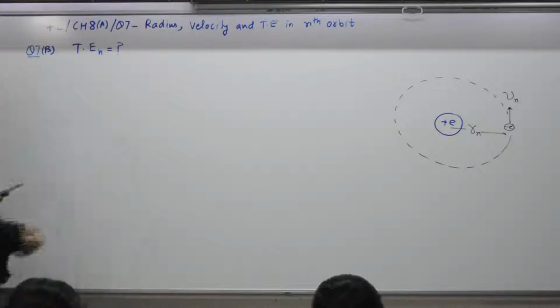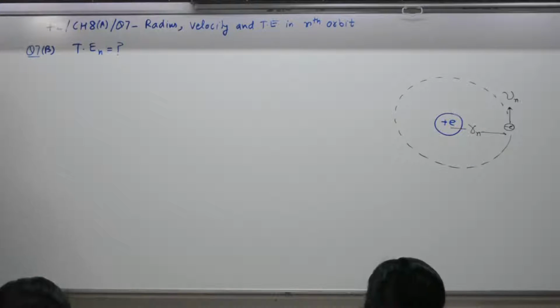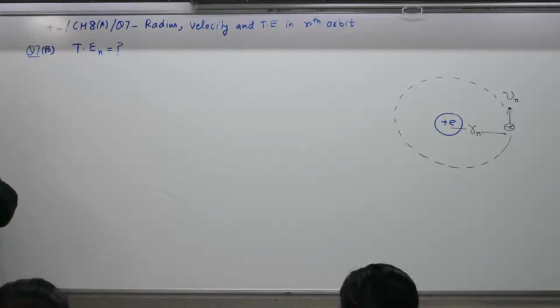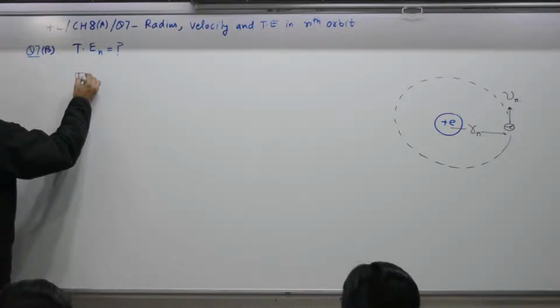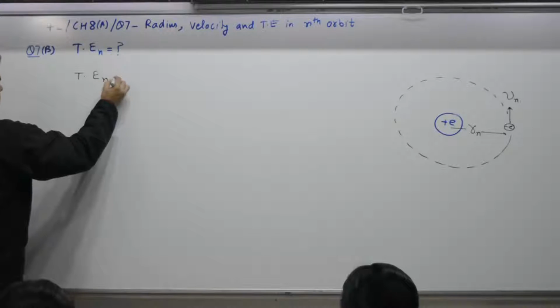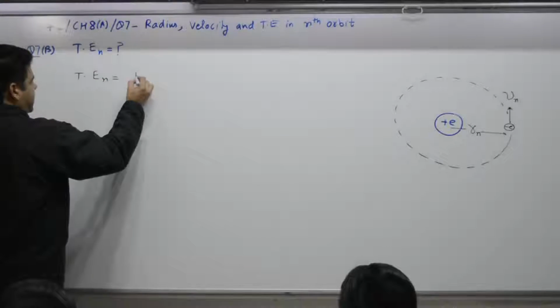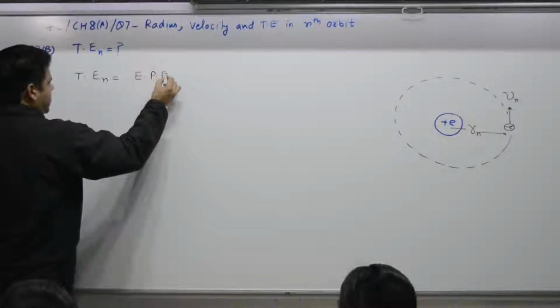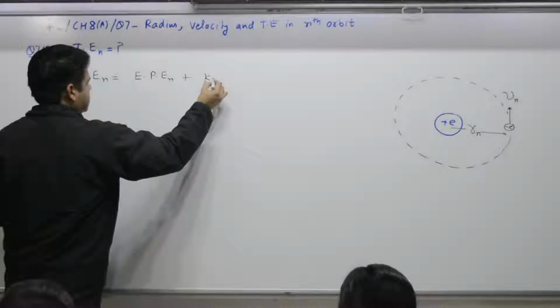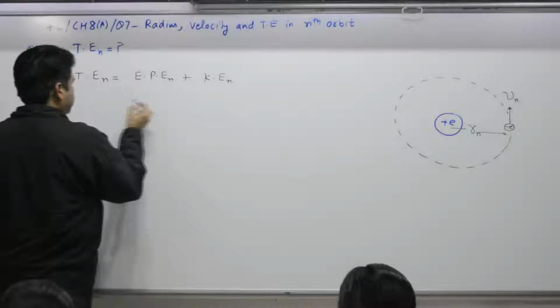This is what we want to find out. Total energy is equal to what? Total energy in the nth orbit is equal to electric potential energy in the nth orbit plus kinetic energy in the nth orbit.